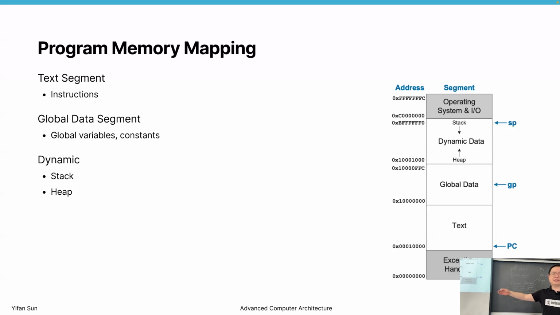You have big coverage. You know everything within this page. So you can reduce the number of times you do this translation. But the disadvantage is every time you swap out, you swap a lot of data. Then the latency is even longer, right? That's a problem with large page sizes.